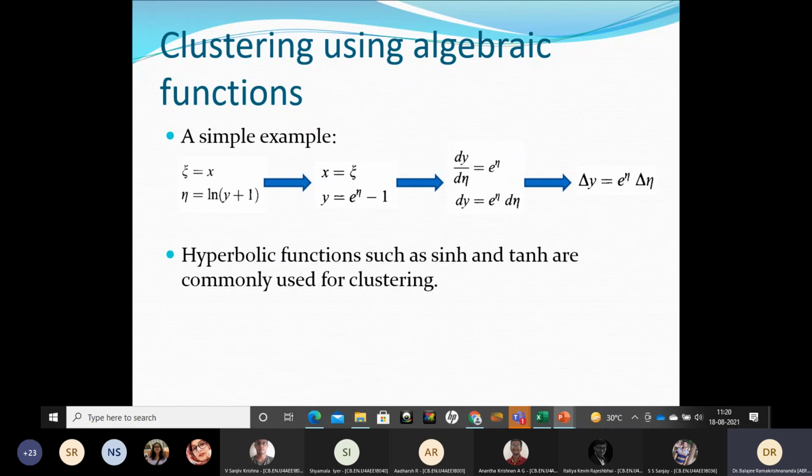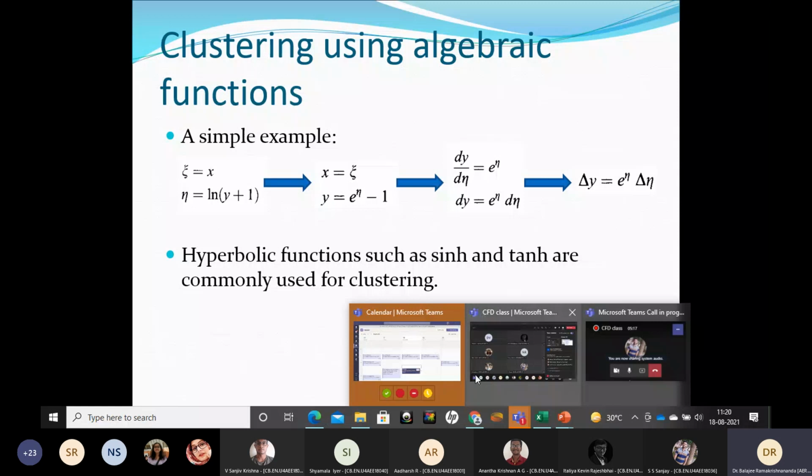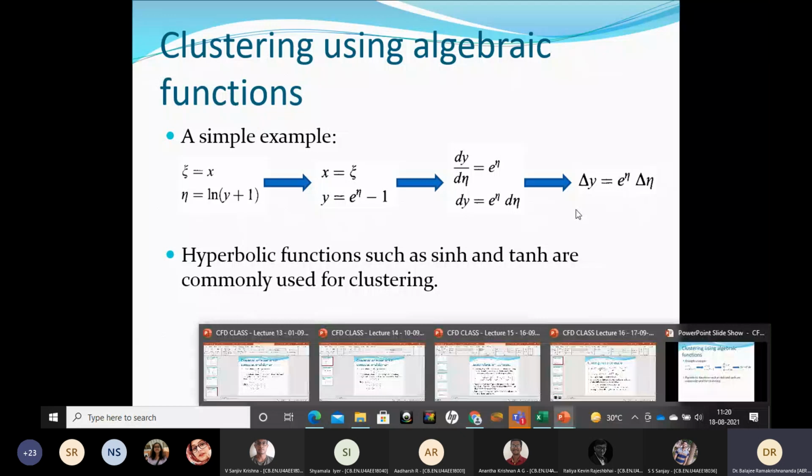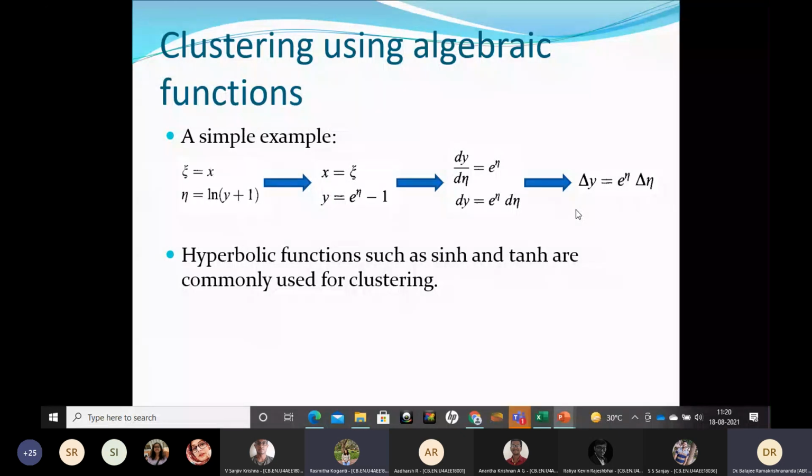Now, hyperbolic functions such as sinh and tanh are also commonly used for clustering. What is sinh of x actually? Rashmita, you see there? What is sinh x? So I think e power x plus e power minus x by 2.